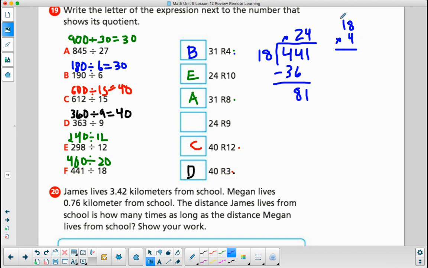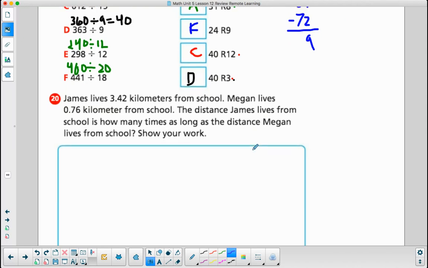Or I can just multiply it out. 8 times 4 is 32. 72. 81 subtract 72 is 9. So 24 remainder 9 is F. It works out. So I am very pleased to see that I've come up with every quotient they said available.